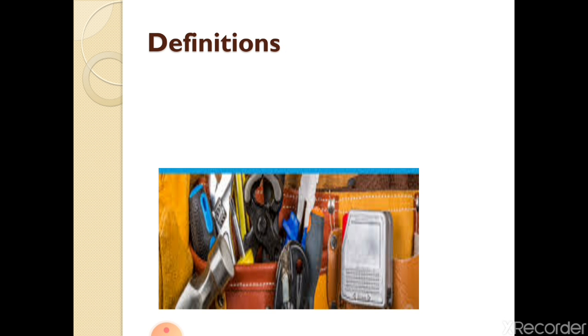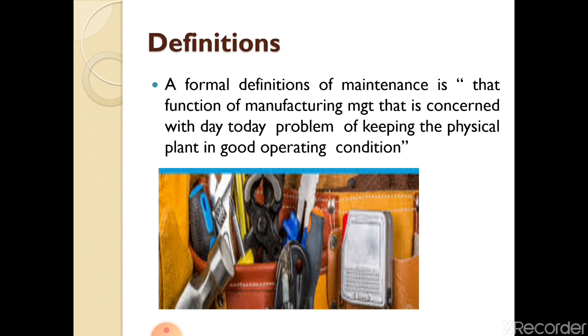Next is the definition of maintenance. A formal definition of maintenance is that function of manufacturing management that is concerned with the day-to-day problem of keeping the physical plant in good operating condition. Physical plant means all those equipment, machineries and other related facilities should be in good working condition.